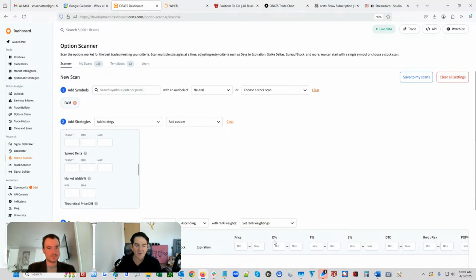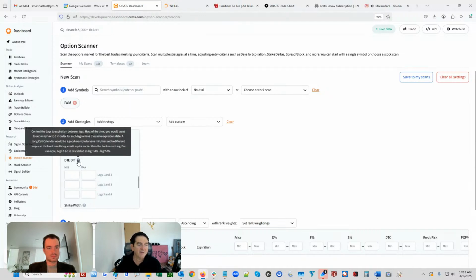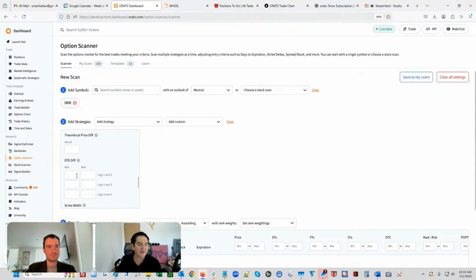Yep. So what we're going to do now is set a DTE diff. If you mouse over, you can see that you're controlling the days. Right now the assumption is 0, 0, but that's not what we want. We want leg 1 to be more, and we want leg 3 to be more.